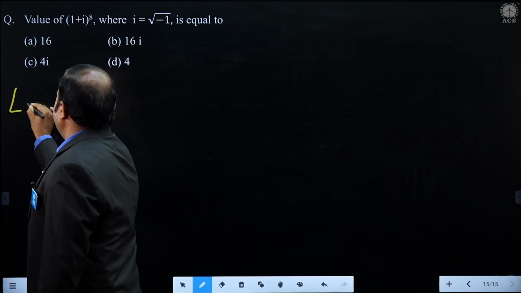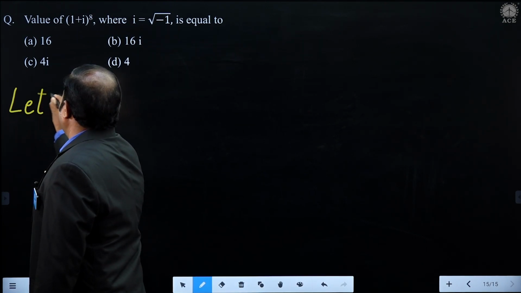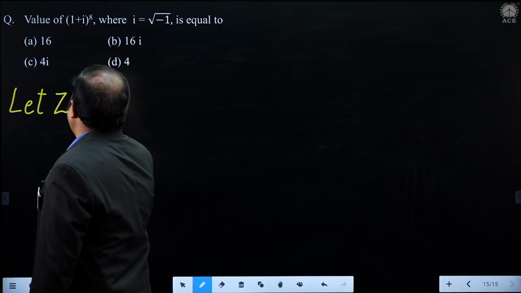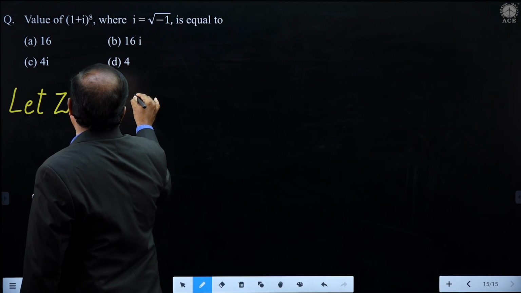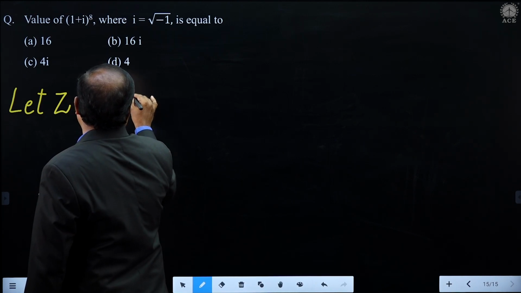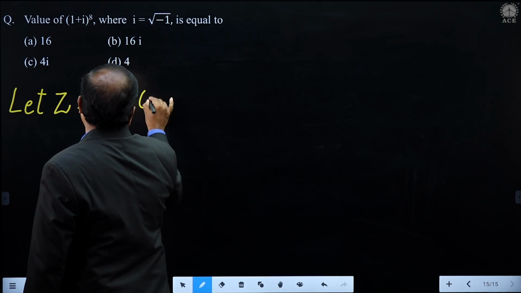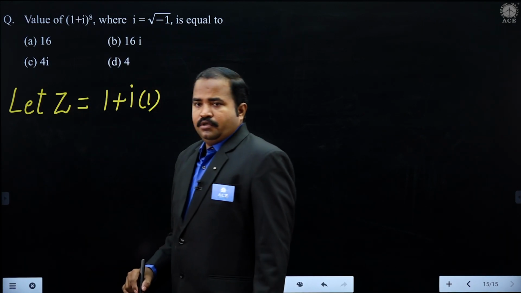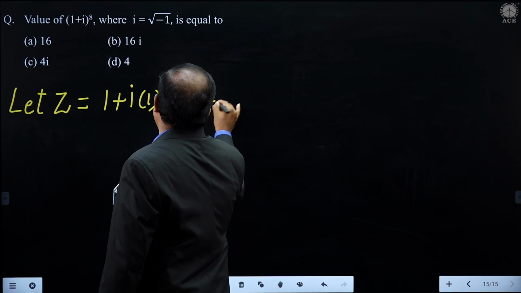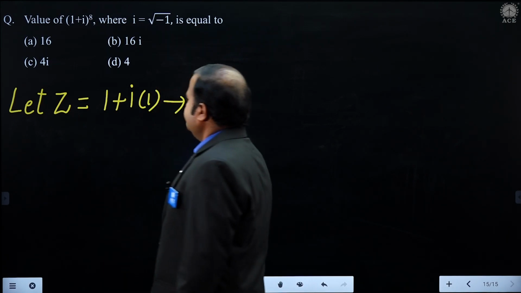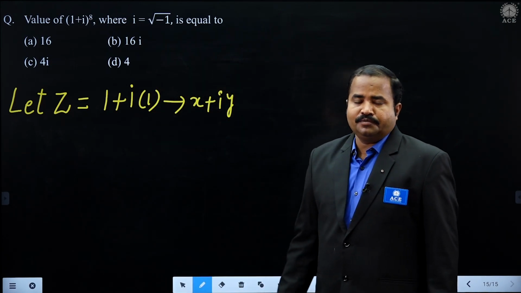Let z equal to the complex number 1 plus i into 1. So, it is like x plus iy, so x is 1, y is 1.